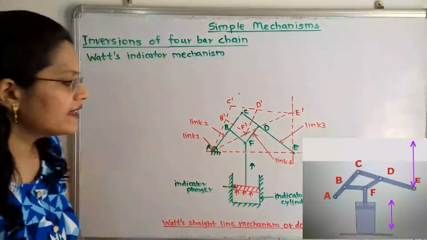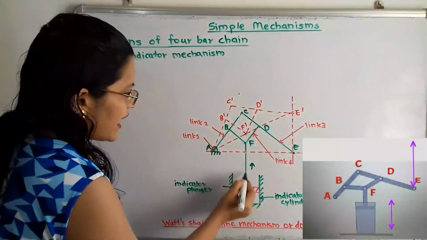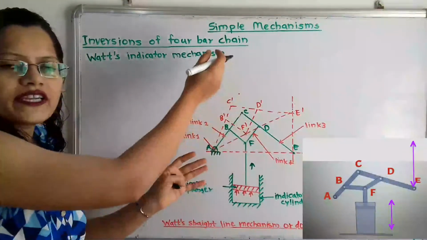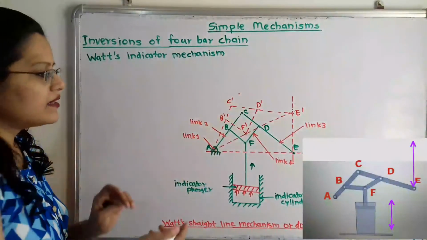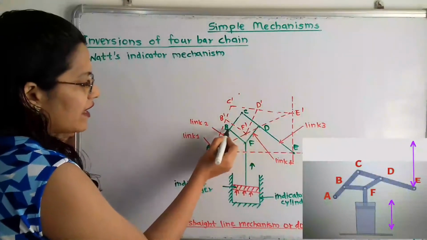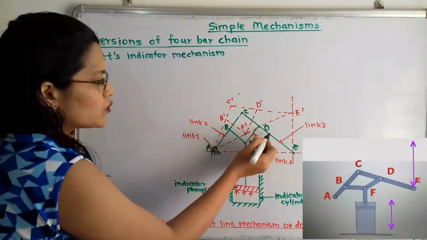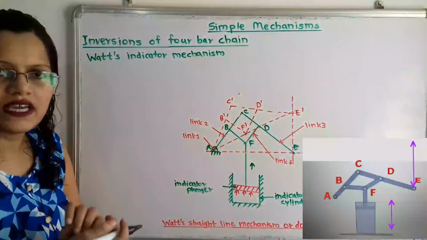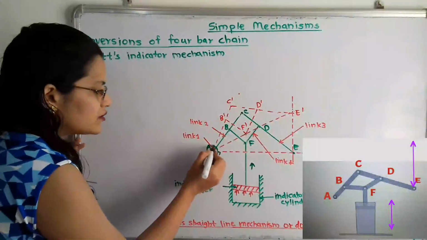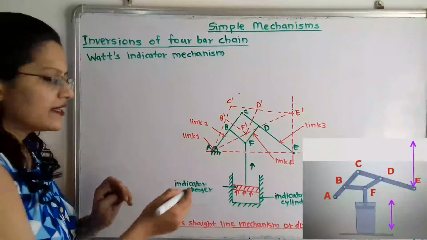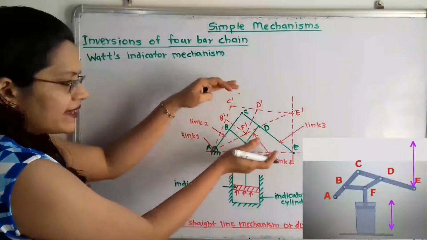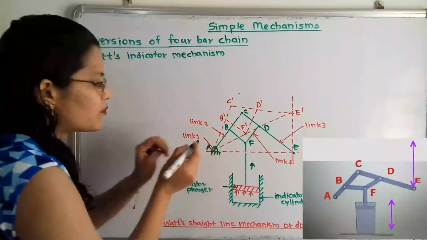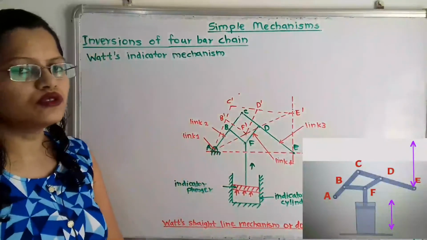Because this plunger is attached to this link BFD, the BFD is also displaced, but the ends of the BFD are connected to link 2 and link 3, so these two links are also displaced. And this point A is fixed, that's why this whole mechanism is displaced around this fixed point A, and that we have to show.